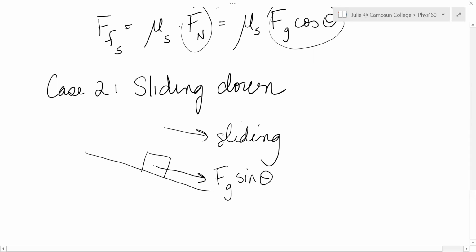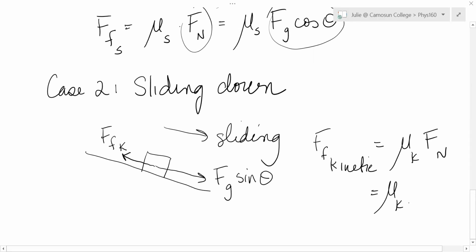But now it'd be kinetic friction, and it would point against the motion, opposite the motion. So this would be the force of friction kinetic, Ff kinetic. And that would still be mu k Fn, and Fn would still be Fg cosine theta.